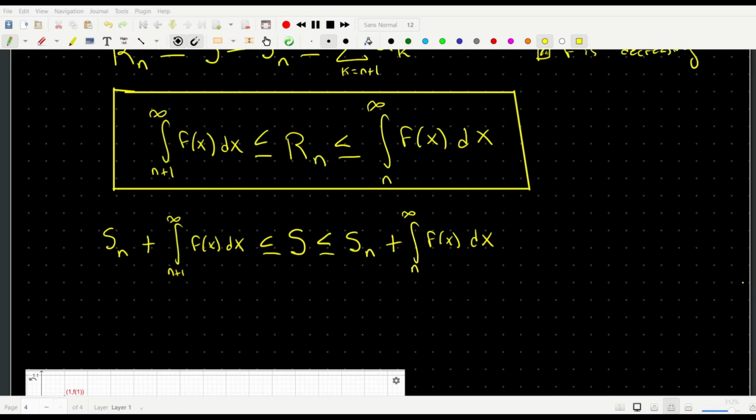The actual value of the sum, this S, is the thing that in general is very difficult to calculate. But what this result is giving us is how well we can do approximating with just finitely many terms in the sum.